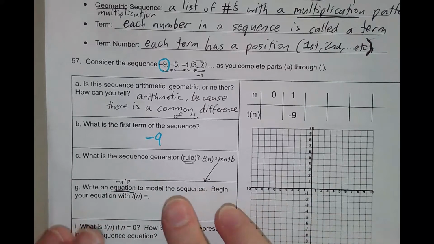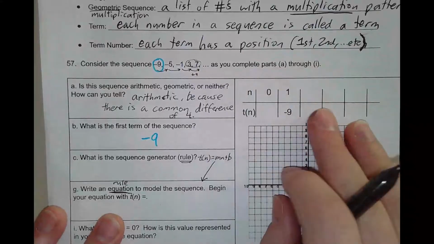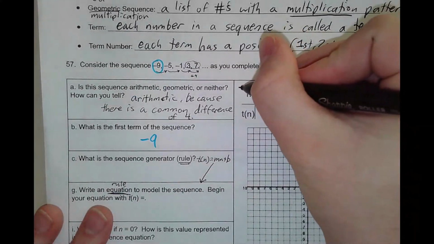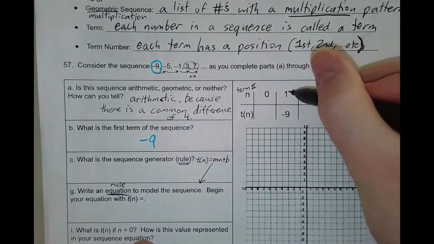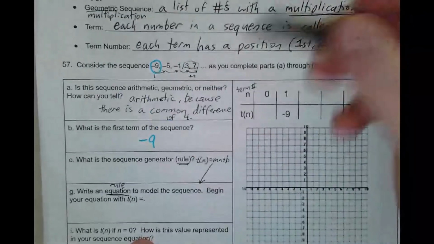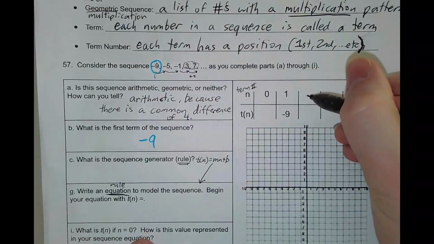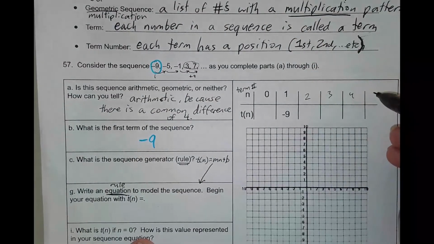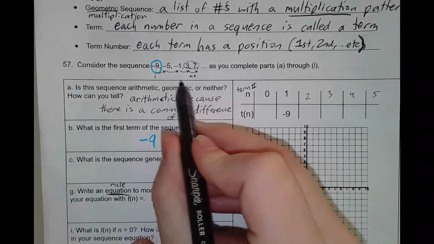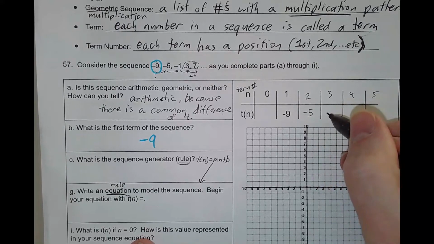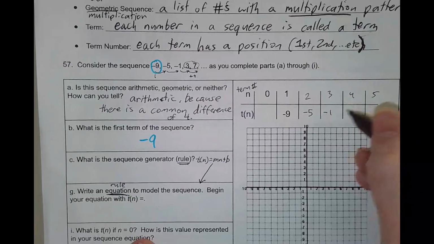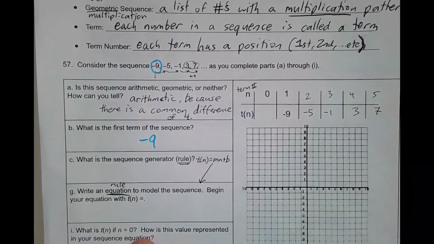Now before we do letter G, I just wanted to make sure we have the table filled out correctly. N, remember, N is just the term number. So if we're looking at term number 1, the first term happens to be -9. The second term, third term, fourth term, fifth term, those numbers are already listed in our list here, so let's just write those down. -9, -5, -1, 3, and 7.